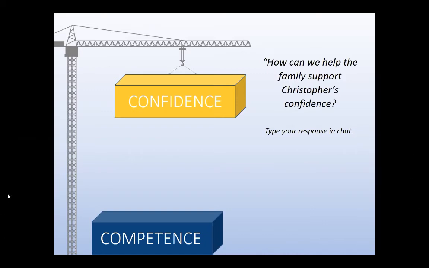What things could we do to help Christopher recognize what he did? How do we avoid causing shame when we're talking to the Miller family? Can you give some ideas you might have to build Christopher's confidence when you work with him?